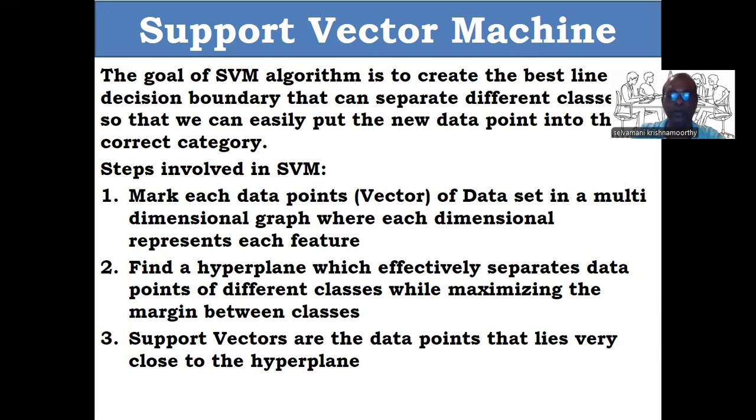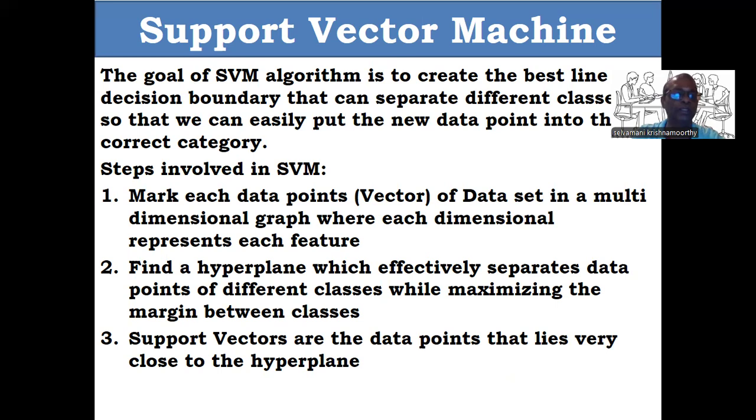Assume we have two outputs, category 1 and category 2, or class 1 and class 2. These classes need to be separated. That means we draw a hyperplane, or best decision boundary. Left side of the hyperplane should be class 1, right side of the hyperplane class 2. Like this, we need to separate.